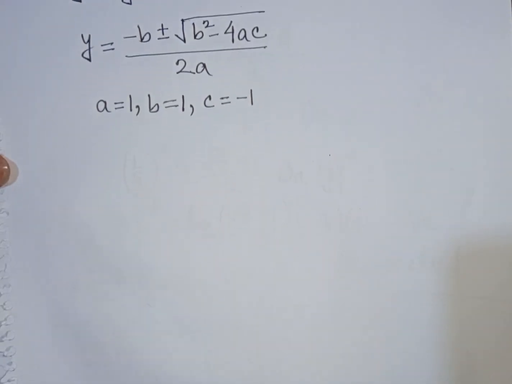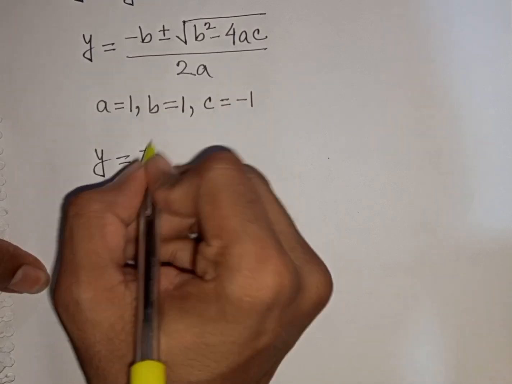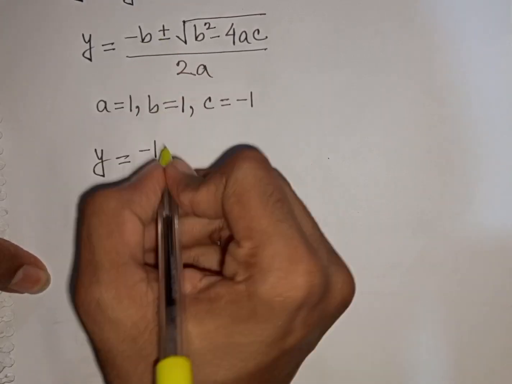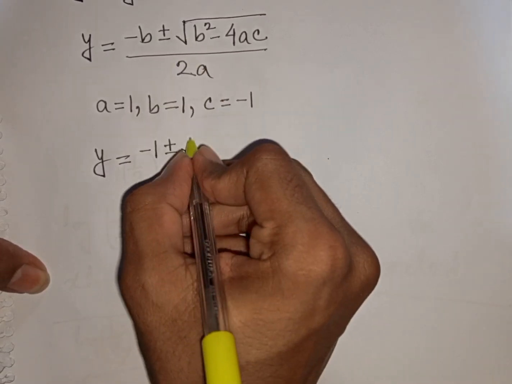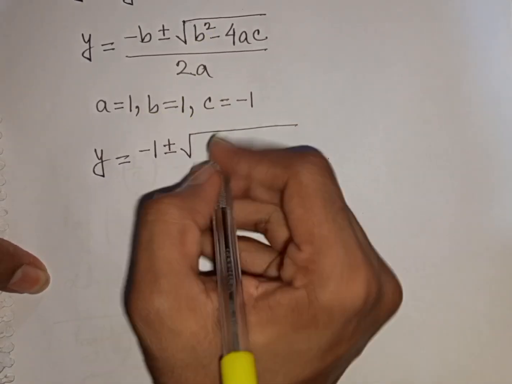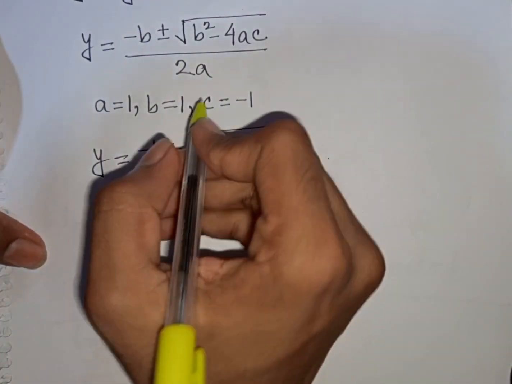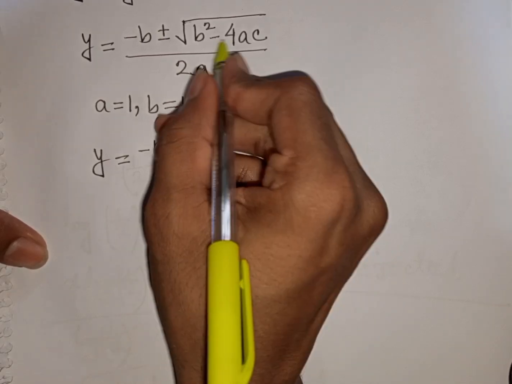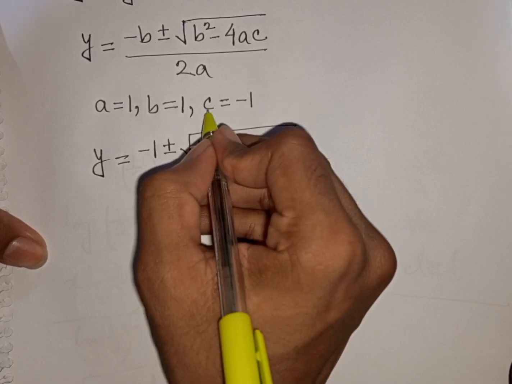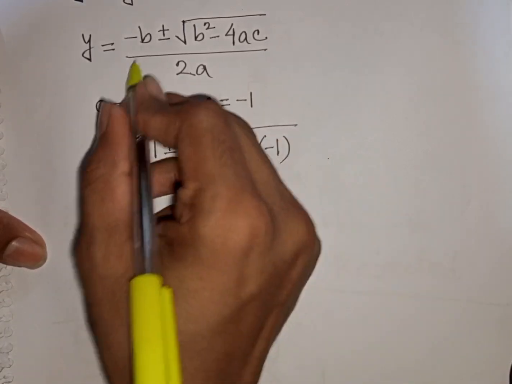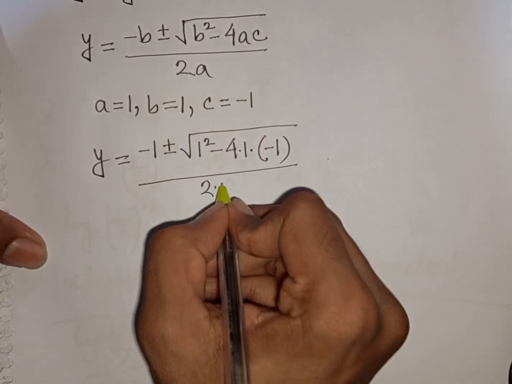So I can write y will be equal to minus b, that means 1, plus or minus square root of b square, that means 1 square, minus 4 times a, that means 1, times c, that means negative 1. So it will be bracket negative 1, then divided by 2 times a, that means 1.